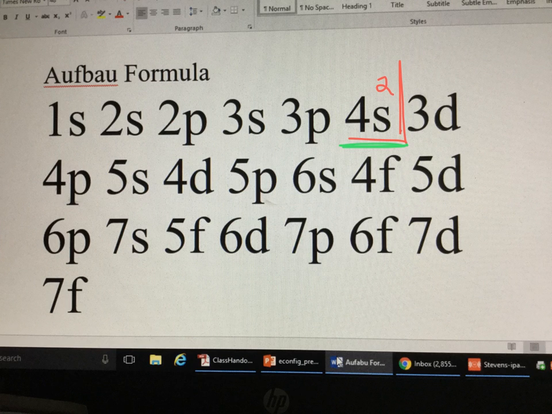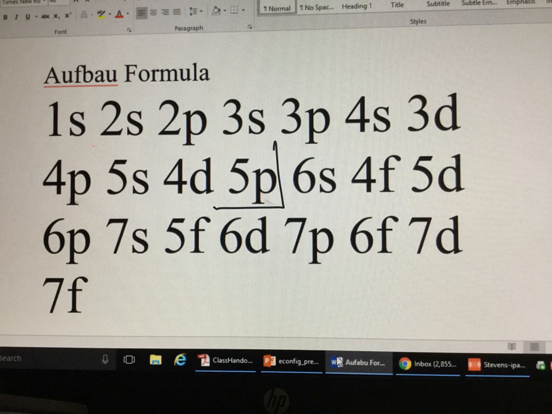So you're going to start from the very beginning, from 1s, and write all the way down to 4s2. You're going to go all the way to 5p, starting from the 1s all the way to the 5p section.